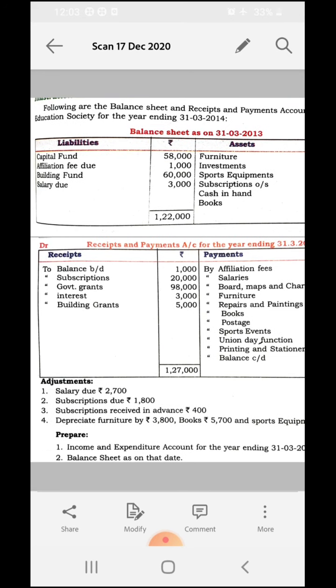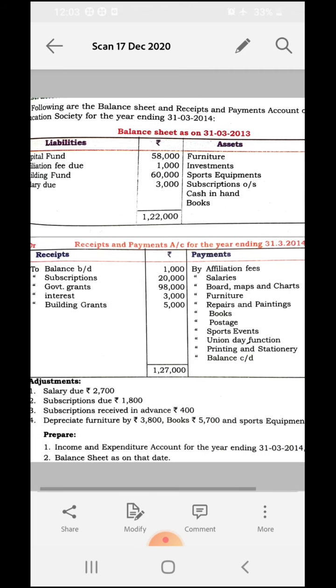See, the receipt and payment account is showing these things, the receipts we have on the receipt side. So 1000 is the opening cash balance, last year's closing cash balance will become this year's opening cash balance. Then subscriptions total is 20,000 and out of that 1000 of last year's we need to deduct. Government grants we have 98,000.